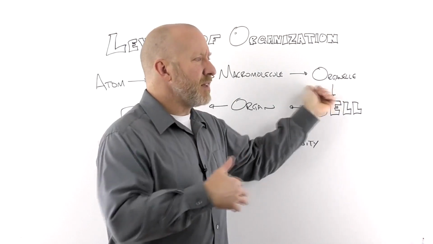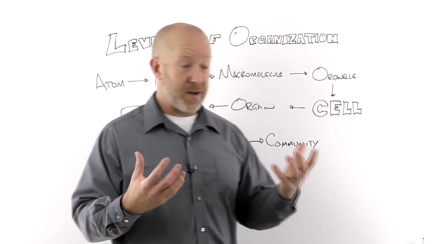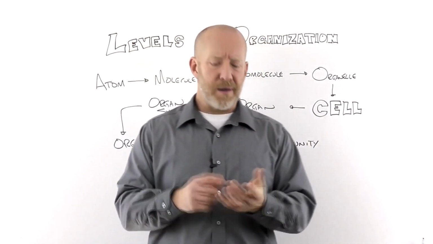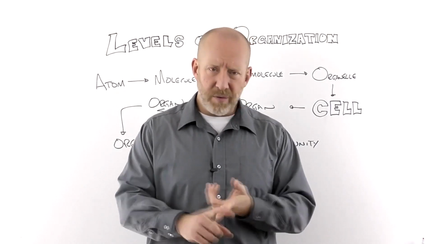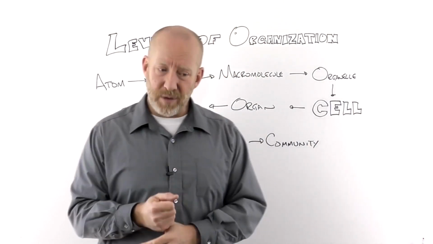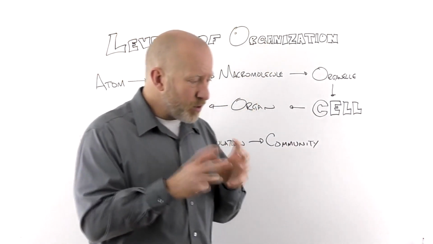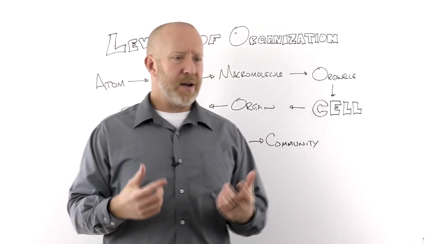If we put enough of these things together, we can make an organelle according to the levels of organization. An organelle is just the machine bits, the parts inside of a cell. So things like the mitochondria, the Golgi apparatus, the smooth and rough endoplasmic reticulum. You could even argue things like peroxisomes and lysosomes, the nucleus. Organelles are the machines, or the little machinery, I should say, inside of a cell. What really is the mitochondria?